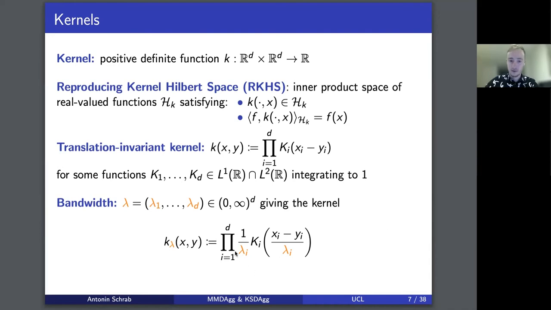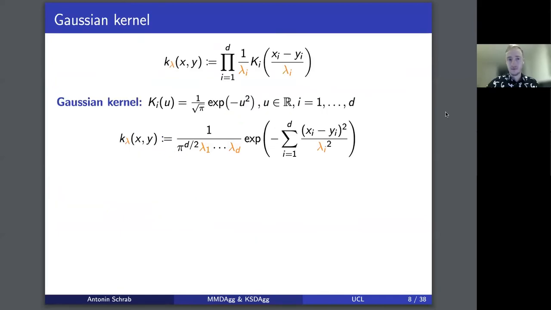And here we've added a multiplicative term on the outside so that we still integrate to 1. But as I said before, this term can be removed in practice. So this is for the kernel. Now we have a kernel with some bandwidth, and in this work, we'll be interested in how to choose this bandwidth and what the impacts of choosing the bandwidth are.